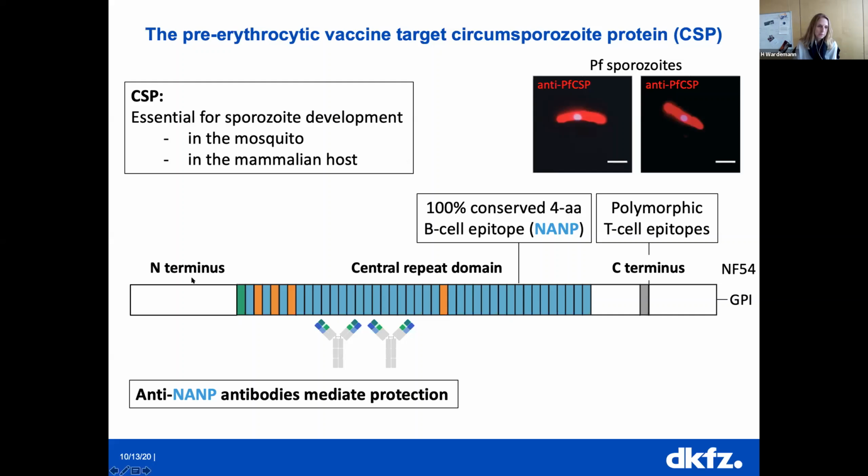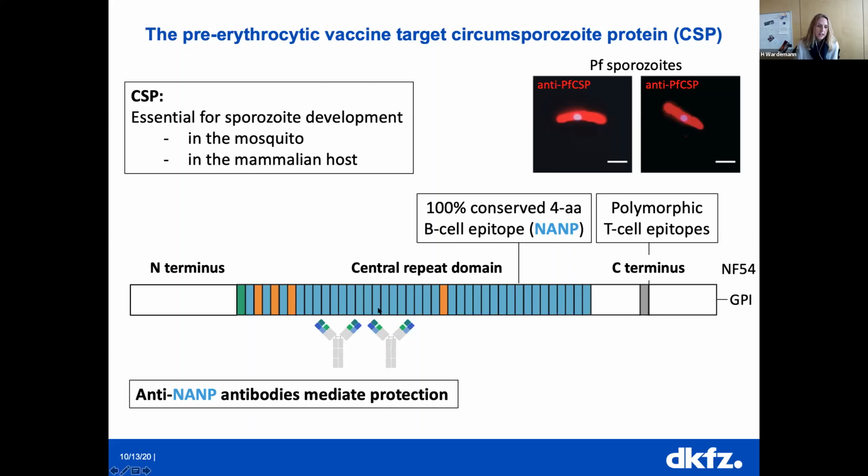There is an N-terminal domain and a C-terminal domain that flank this very characteristic central repeat domain that is composed of many 4 amino acid motifs, these so-called NANP motifs. And these motifs are 100% conserved in all Plasmodium falciparum parasites that have been isolated so far.